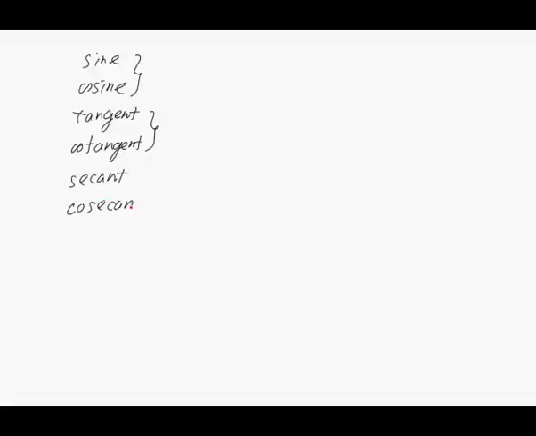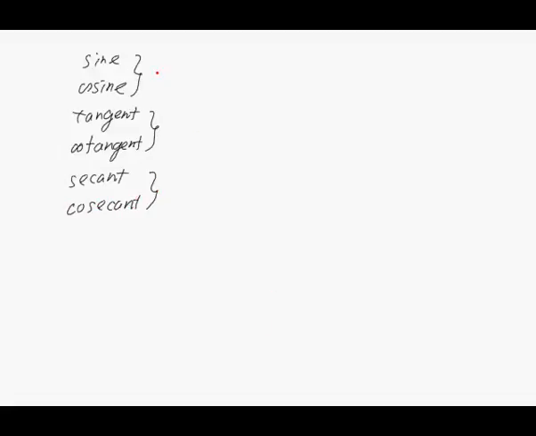And for those six trigonometric functions, we can group them like this: sine and cosine, tangent and cotangent, and then secant and cosecant.